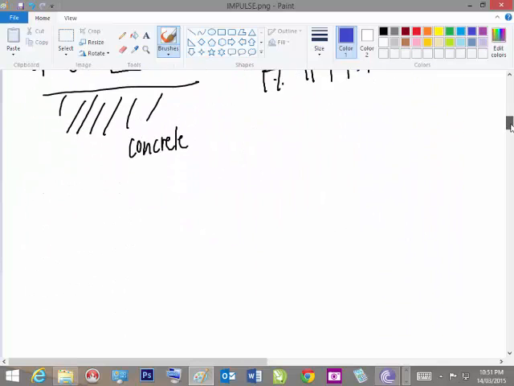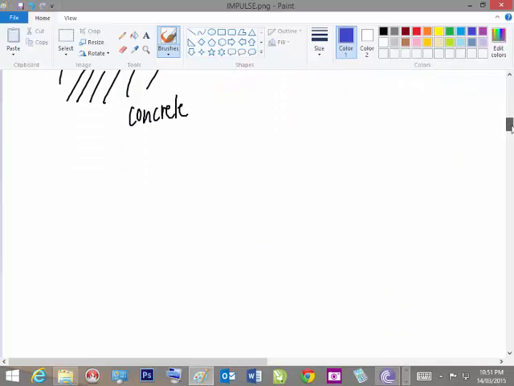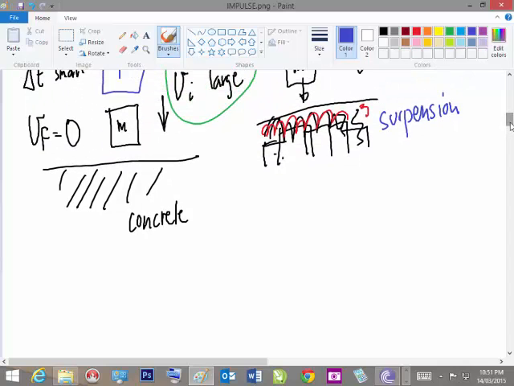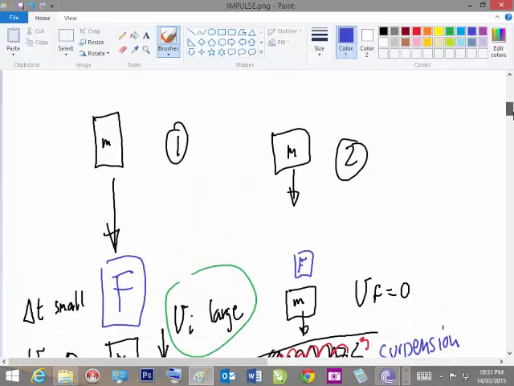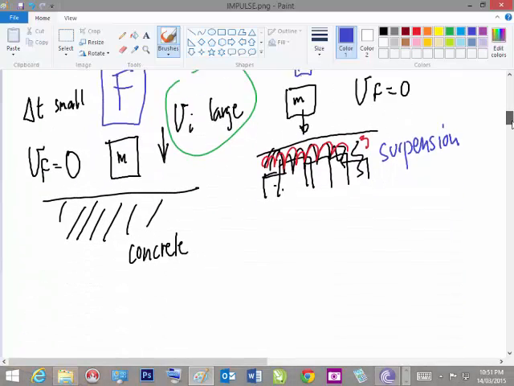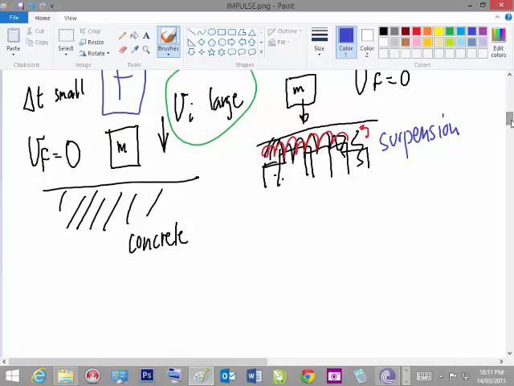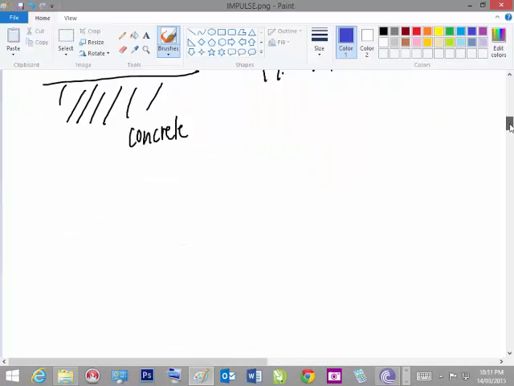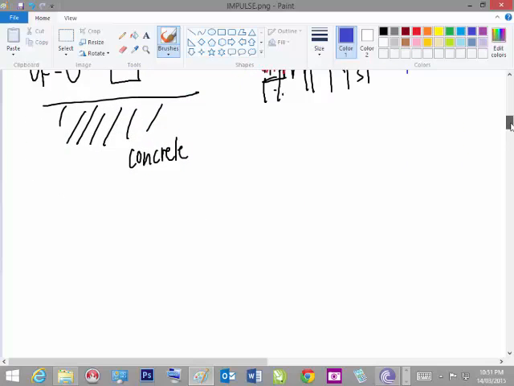This understanding of impulse is incorporated into the design of cars and planes and things like that.